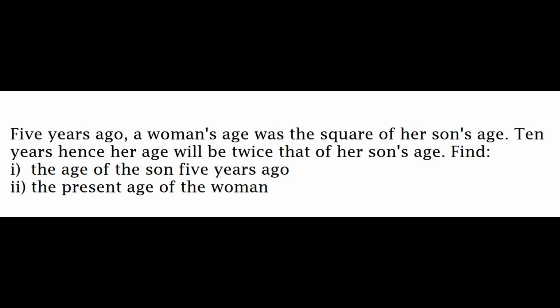5 years ago, a woman's age was the square of her son's age. 10 years hence, her age will be twice of her son's age. Find the age of the son 5 years ago, the present age of the son. Age of the son 5 years ago, we have taken it as x minus 5 because present age we are taking as x.